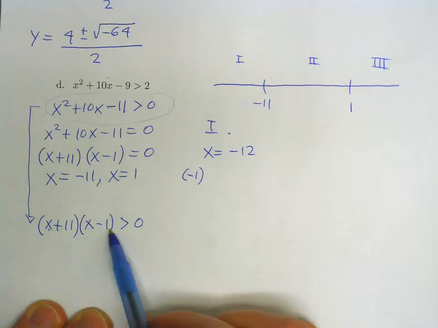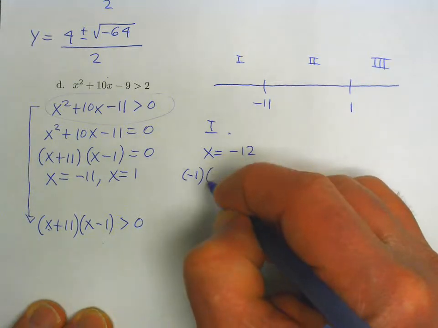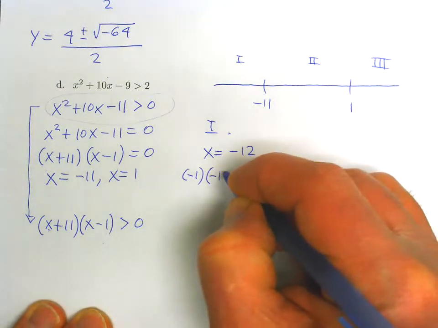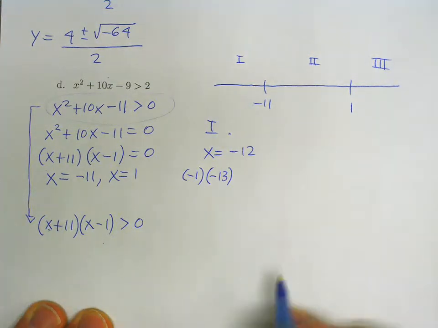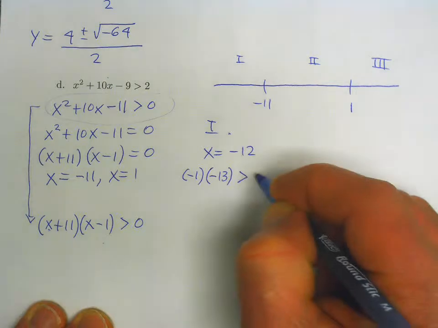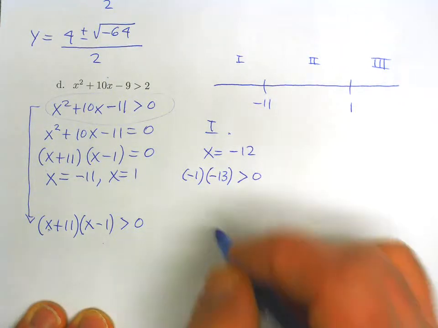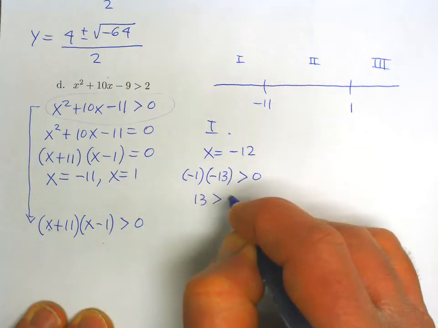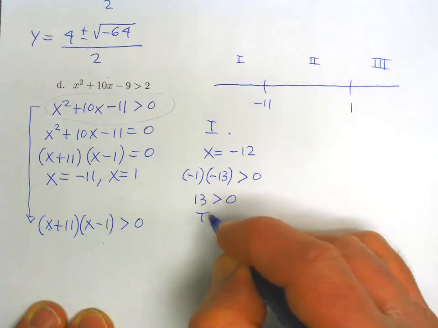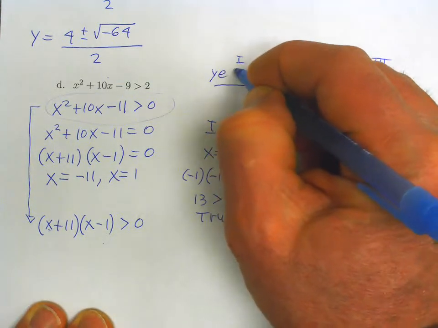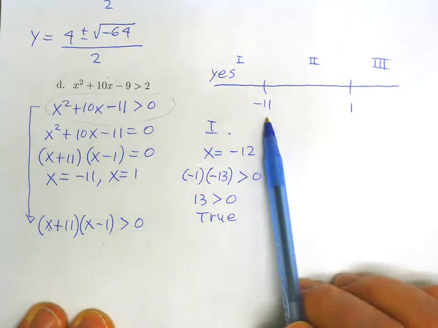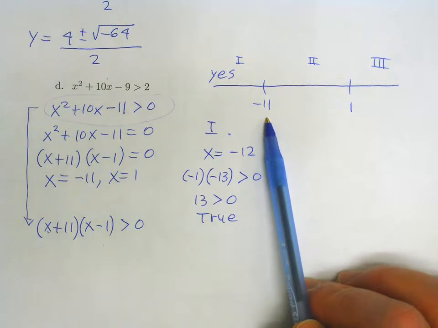Negative 12 minus 1 is negative 13. The inequality is greater than 0. Negative 1 times negative 13 is 13. And 13 greater than 0 is true. So that means the numbers from negative infinity to negative 11 are solutions.